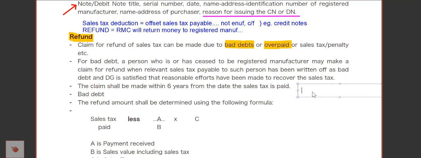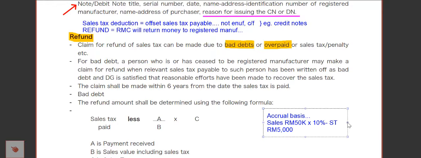I'm so sorry. Okay, so sales tax is accounted on an accrual basis. Imagine you have made a sale where the sales tax of 5,000 has been paid. So you have made 50,000 in sales, at 10%, and your sales tax has been paid.